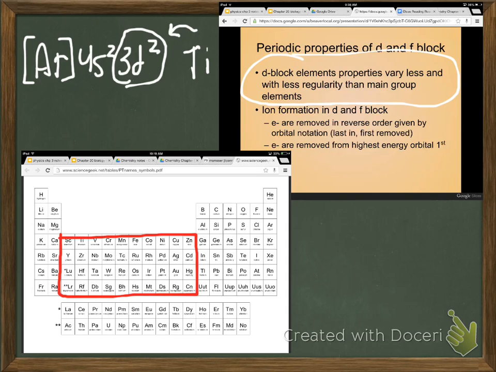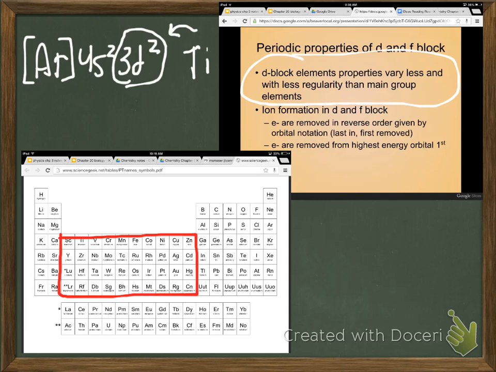So very often in the D block, the ions are formed based on a loss of some or all of the D electrons, which is why we have some that can form multiple ions. In the F block, same thing. They're removed from the Fs that are currently filling. They're removed from the highest energy orbitals first versus the highest main energy levels first.